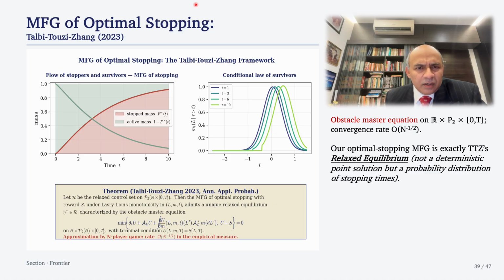So our framework, if properly understood, is really this TTZ solution as a relaxed equilibrium, adding on the McKean-Vlasov coupling. So it does not necessarily have to be a point solution. The relaxed equilibrium could be a probability distribution of stopping times.